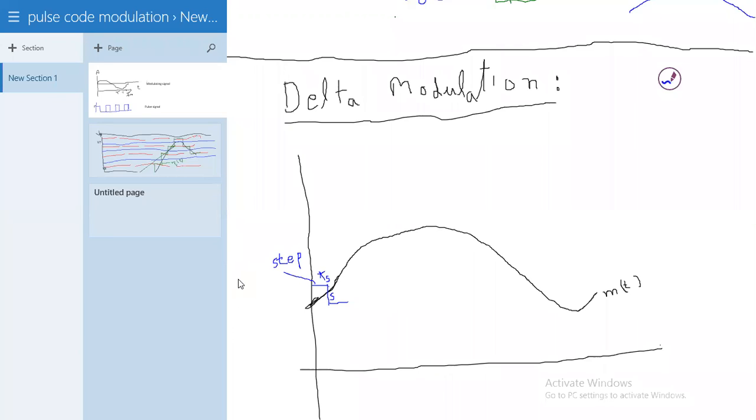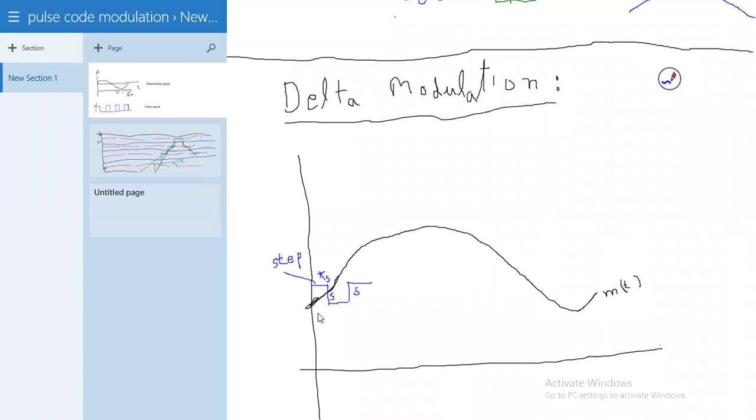Again after Ts seconds we compare this step signal with this modulating signal. The modulating signal is greater than the step signal, so the step signal is increased by the step value s, the step size. Again it stays Ts seconds.